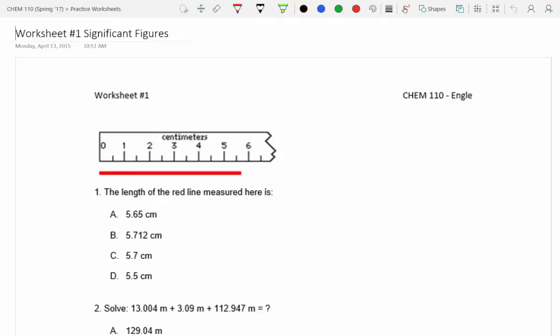So that means if there isn't a hash mark representing every single place that you want, you can kind of ignore it. You can't really use it very well. So in this case, our ones place, we are confident. That means we need to estimate to the tenths place. That means our answer is going to be 5.7. This is kind of a little bit tricky. But we don't have a hash mark for every single tenths place, so we can't estimate past it.